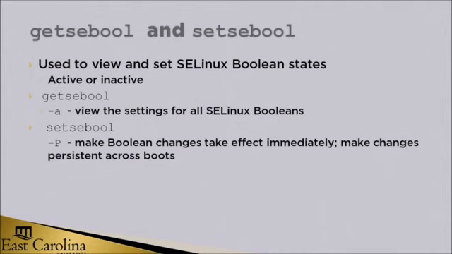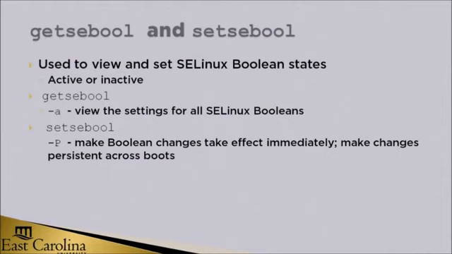When you need to view or change the state of SELinux booleans, you'll use getsebool or setsebool. Getsebool allows you to view the state of the SELinux booleans. Adding the -a switch will allow you to view the settings for all SELinux booleans. When using setsebool, you can change the state of SELinux booleans.